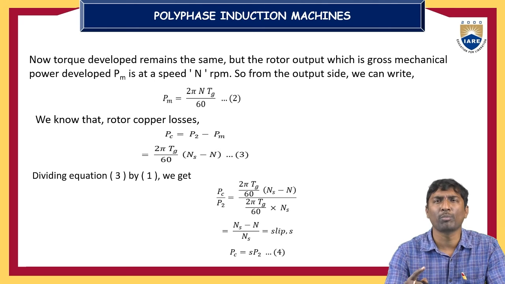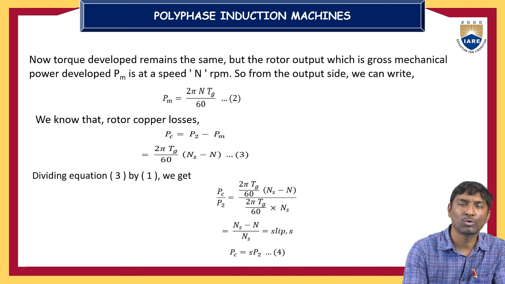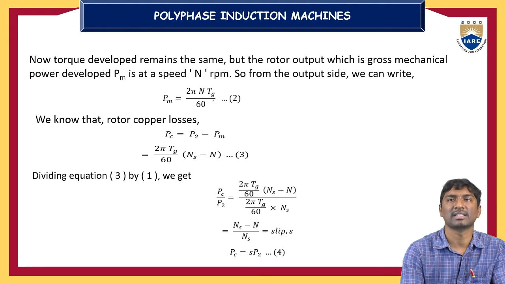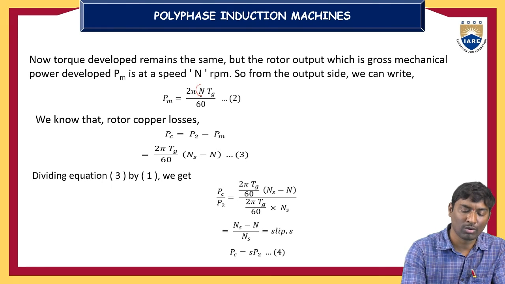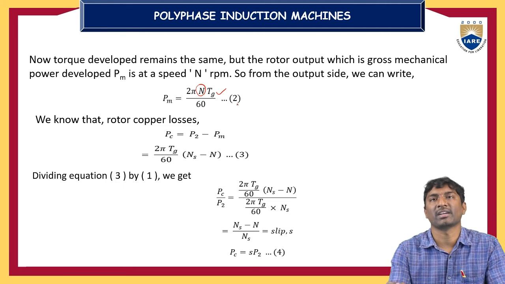So from the output side, we can write the mechanical power as Pm equal to 2 pi N Tg divided by 60, where N is the rotor speed and Tg is the gross torque. This is the second equation.